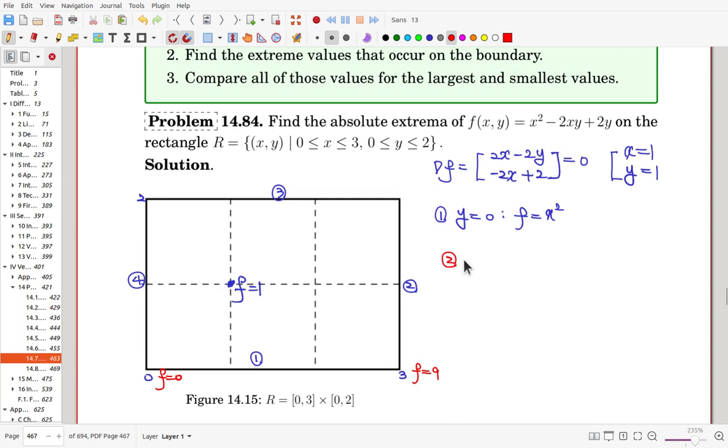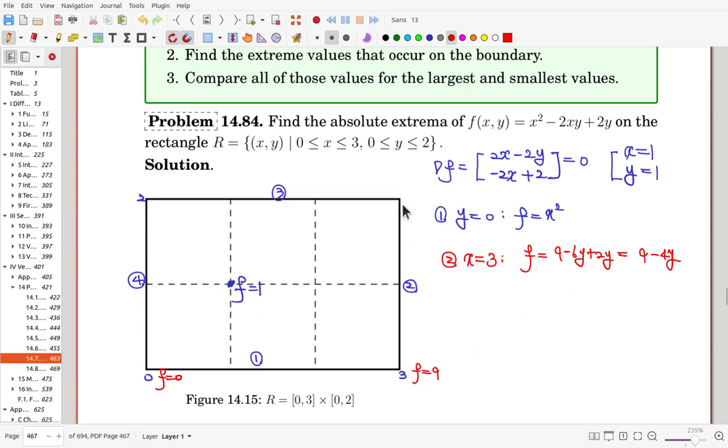For x equals 3, f becomes 9 minus 6y plus 2y, so that is 9 minus 4y. So it's linearly decreasing.